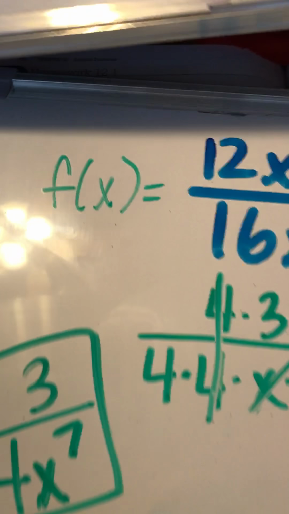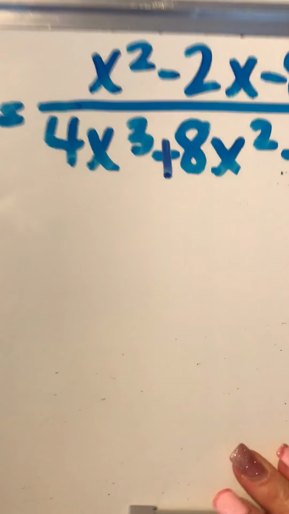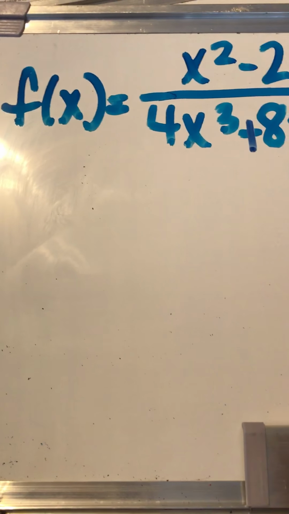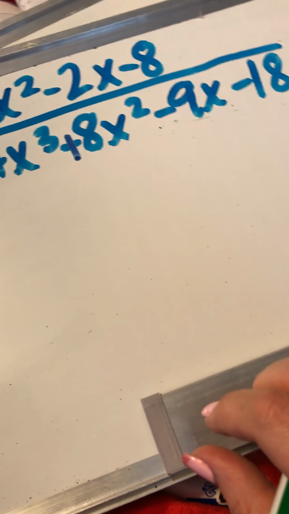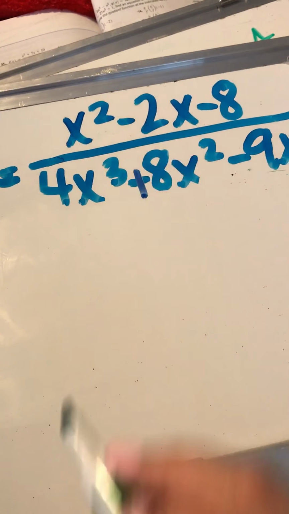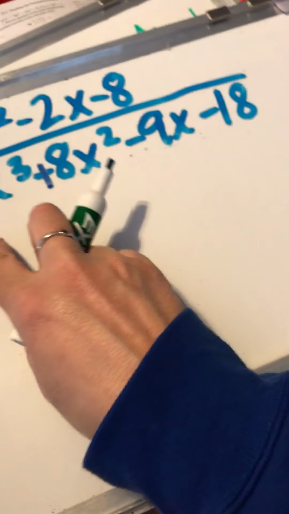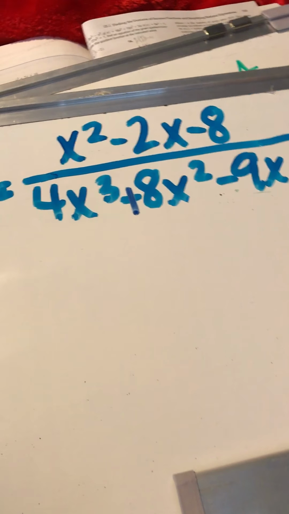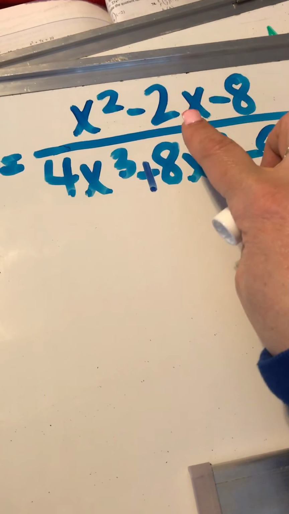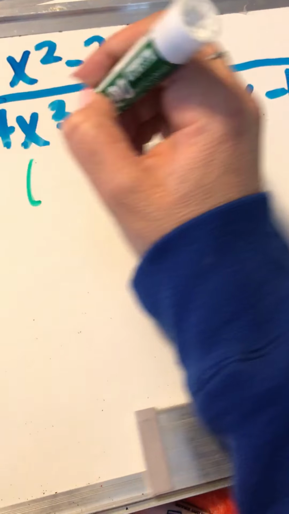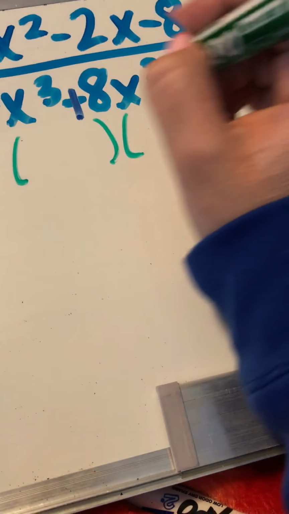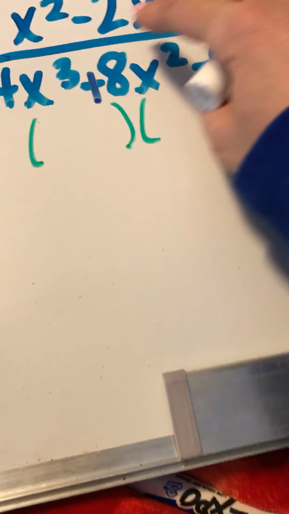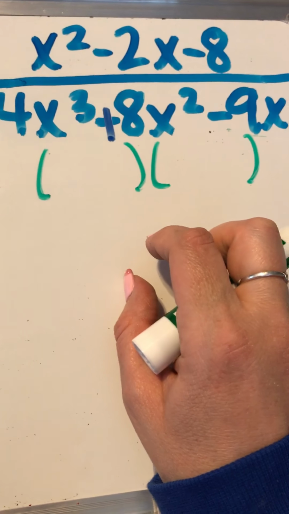Let's take a look at another one. All right. Now, you see this rational expression here has a trinomial in the numerator position and another polynomial in the denominator. So when we're factoring this trinomial here, what we're looking for are going to be factors of 8 that have a sum of -2.